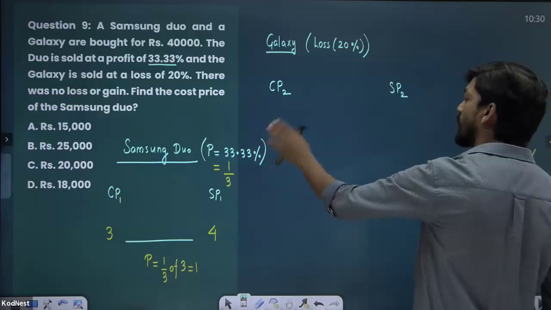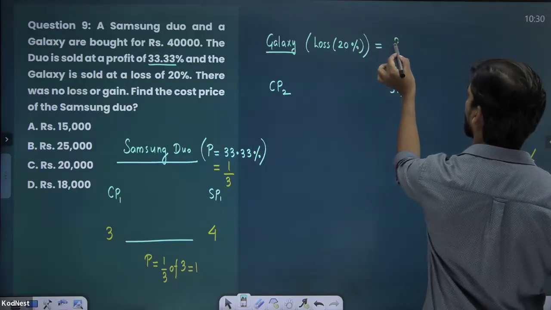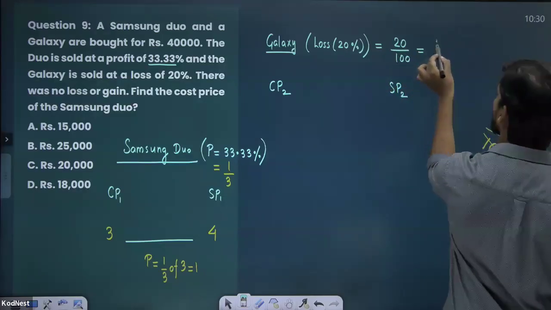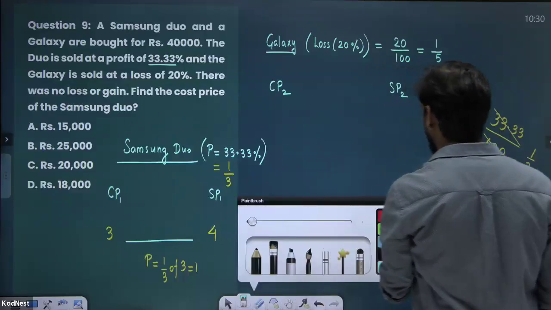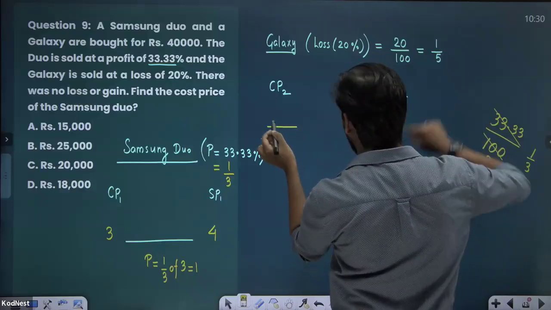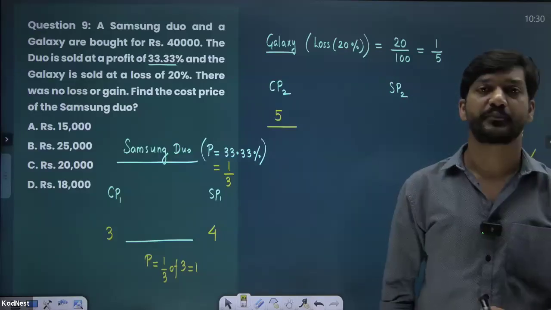Similarly, apply the similar approach, although this is not a decimal. 20% means 20 by 100, so in terms of fraction, it means 1/5. Because it is 1/5, that's why I'm taking the cost price as 5 rupees.